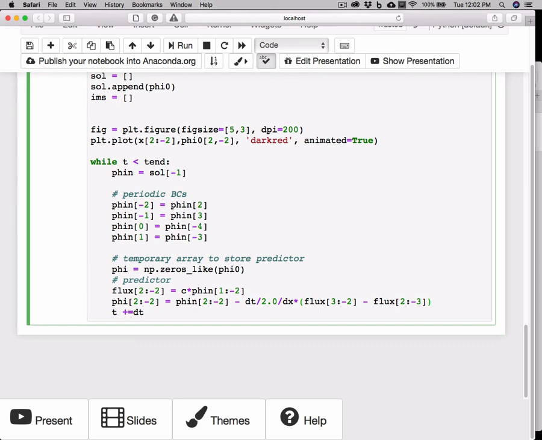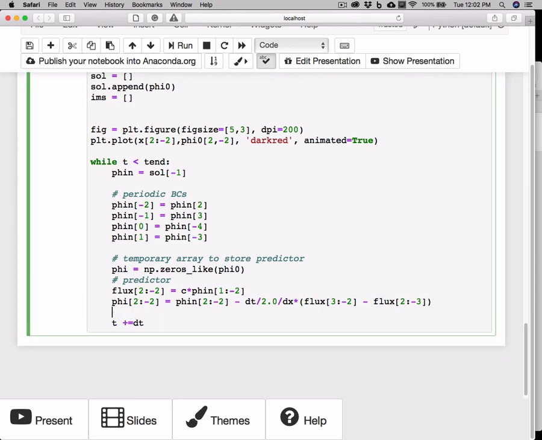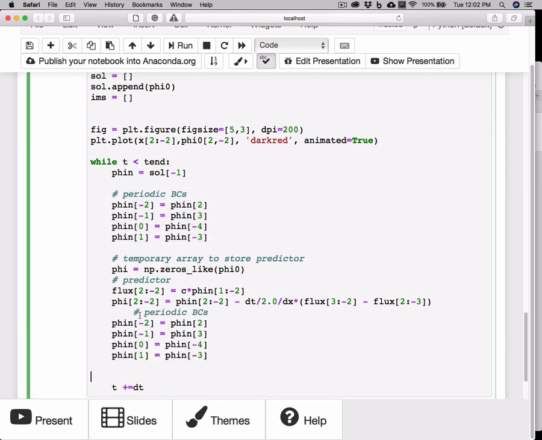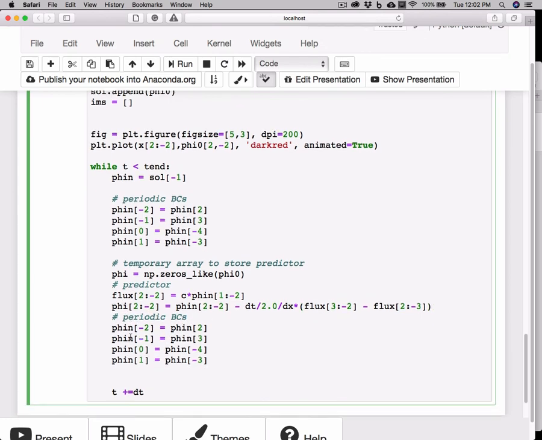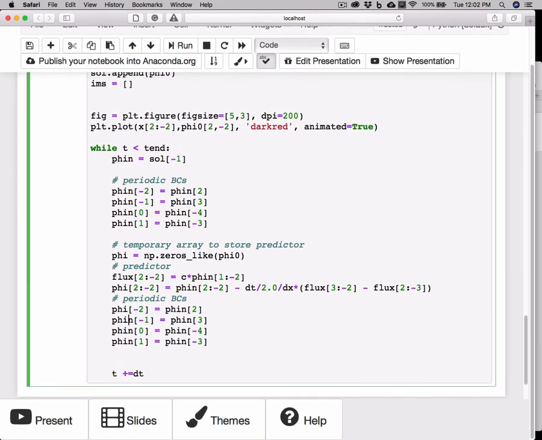Good. So that gives us the predictor. Now we want to apply the periodic BCs on the predictor, right? Because we're going to use the predictor to correct it. So all we have to do is copy the boundary conditions, but apply them on phi rather than phi n, right?